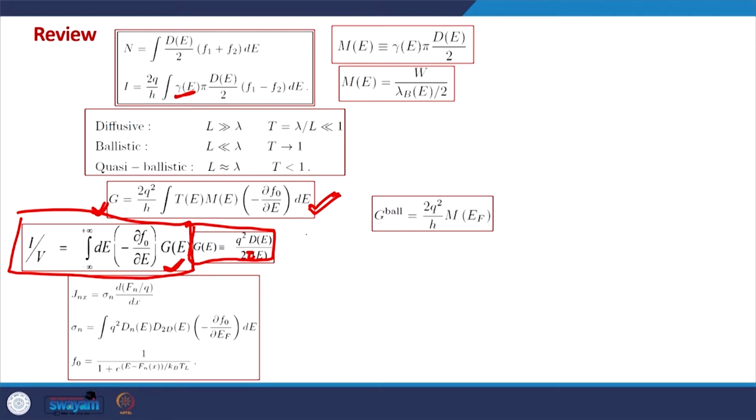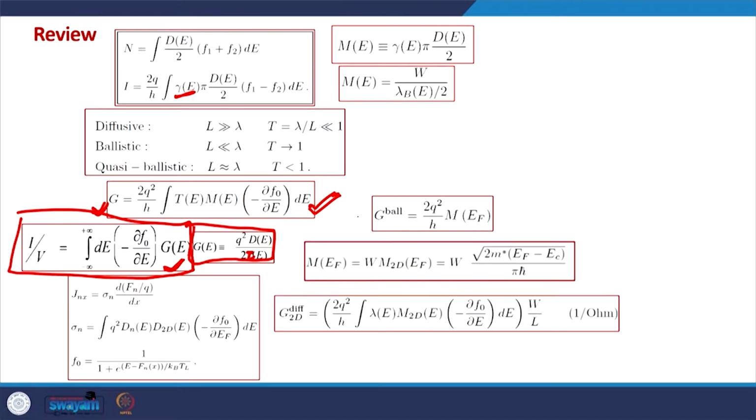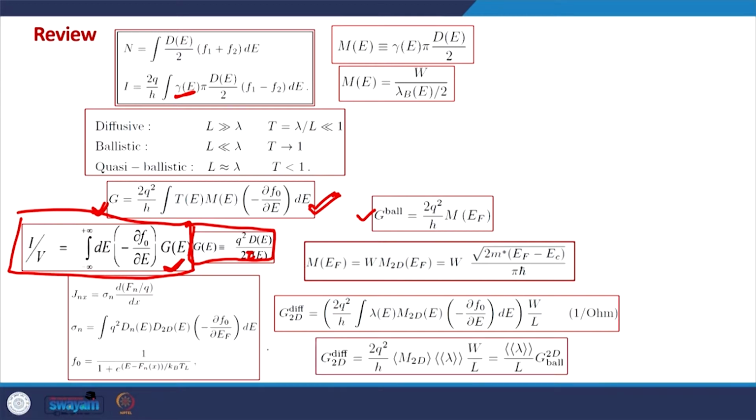Okay, so using this expression we could see that the ballistic conductance at 0 Kelvin, at very low temperatures, is given by this expression. And at room temperatures we need to calculate using this kind of expression.